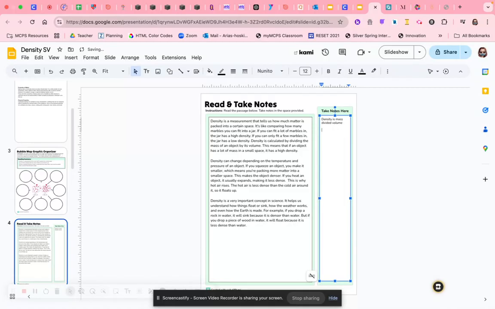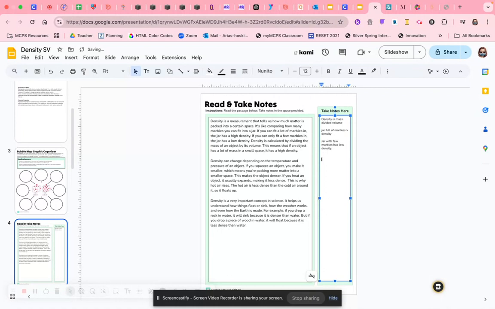What is another thing that you read in here? When you have a jar full of marbles, that means that there's more density. A jar with few marbles has low density. Okay? That's what it says on the first paragraph.